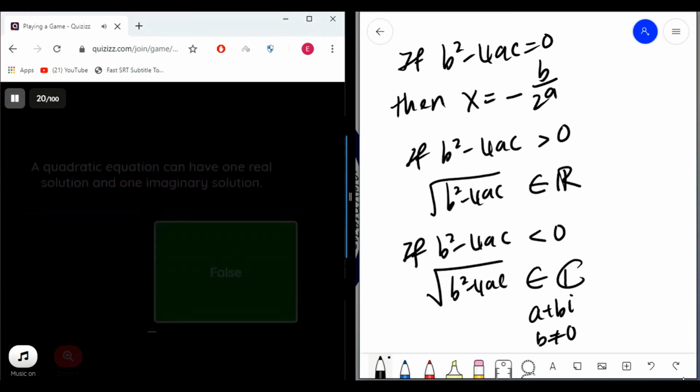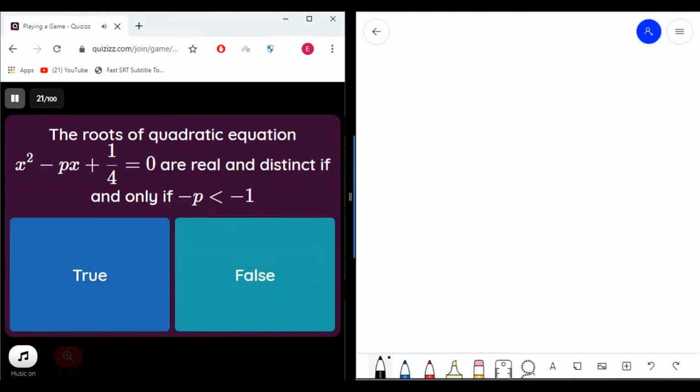False. Number 20. The roots of the quadratic equation x squared minus px plus 1 over 4 equals 0 are real and distinct if and only if negative p is smaller than negative 1. Alright, in this quadratic equation, a equals 1, b equals negative p, and c equals 1 over 4.